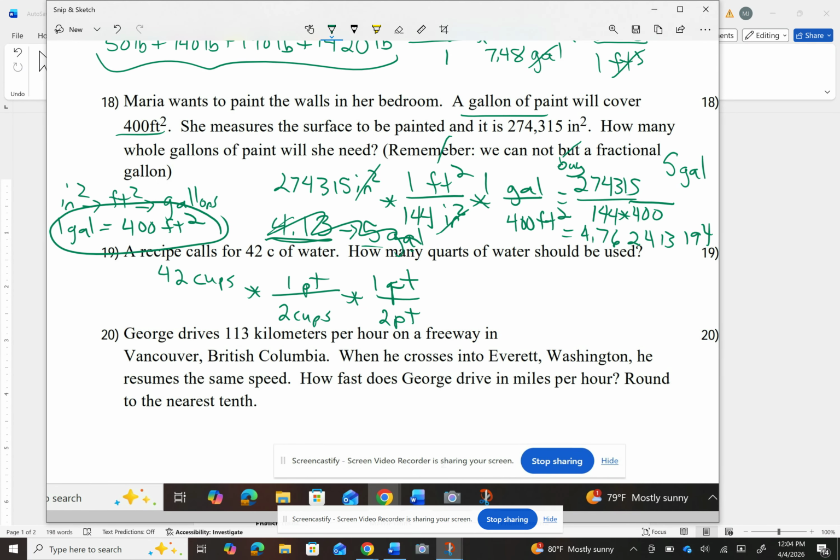So I could do that. And so then I would take 42 divided by 4, and that would get me to quarts. So that would be 10.5 quarts.